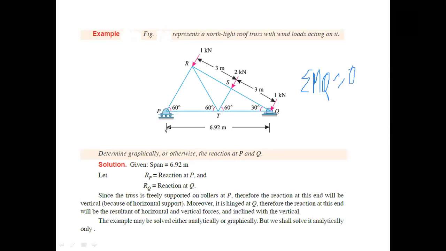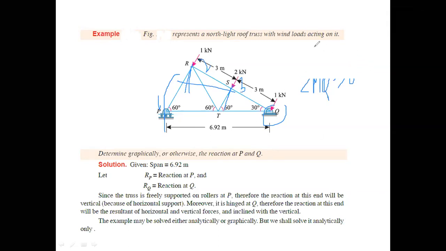So for that case, one is the reaction here, the other is one force, then this force. So there are two forces plus one reaction. This is clockwise and this is anti-clockwise, because you have to take moment about this. Keep these positive and this negative, and the summation of all these three is equal to 0.